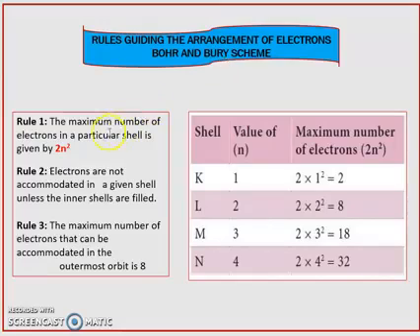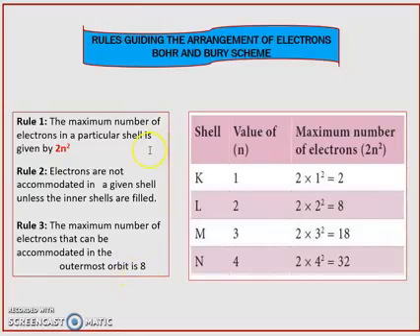The first rule is the 2n squared rule: the maximum number of electrons in a particular shell is given by 2n squared. Second rule: electrons are not accommodated in a given shell unless the inner shells are filled. Third: the maximum number of electrons that can be accommodated in the outermost orbit is 8.